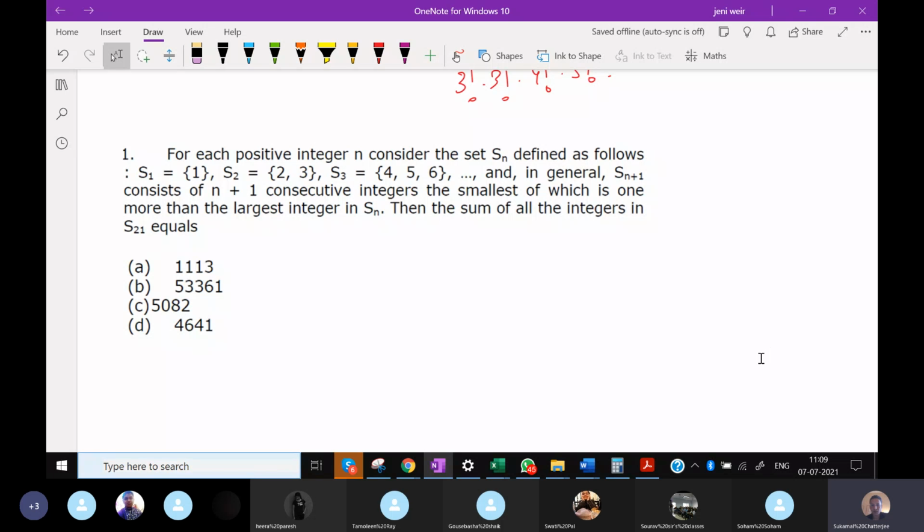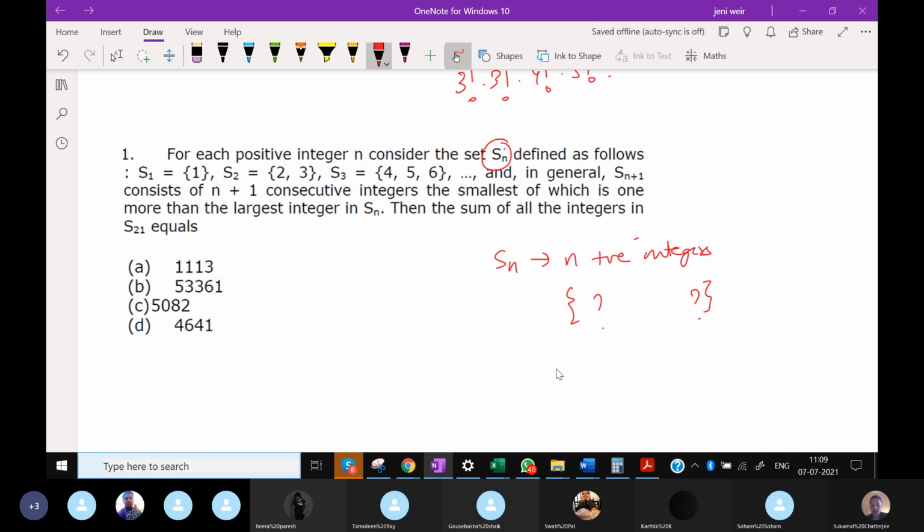So there are n positive integers in the set Sn, which is defined as S1 is 1, S2 is 2 and 3, S3 is 4, 5, and 6, etc. So that means the set Sn will have n positive integers. Now the question is, where will Sn start from and where will Sn end at? This is the question.